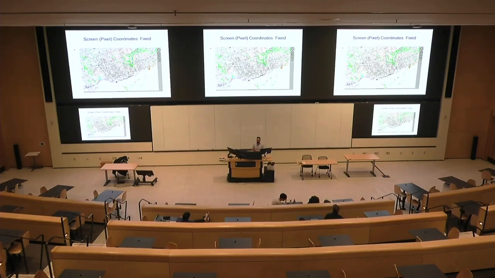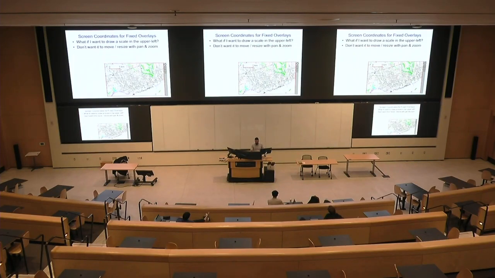So for example, let's say you want to show a scale of the map while you are zooming in and zooming out, and you don't want that part of the screen to move. One way to do so is to draw with screen coordinates, and ECE297 allows you to do that through a function called set coordinate system, sorry.